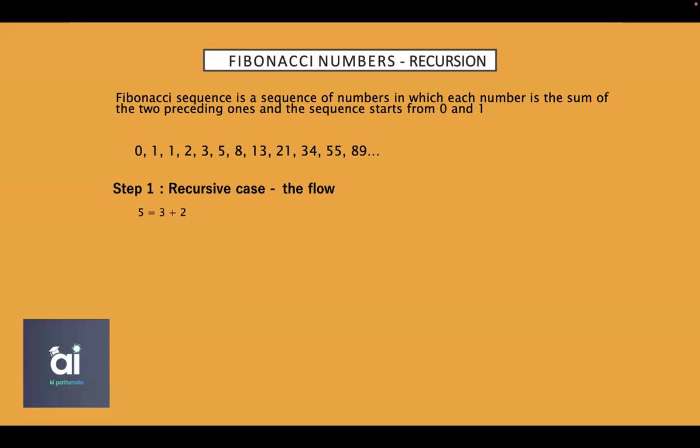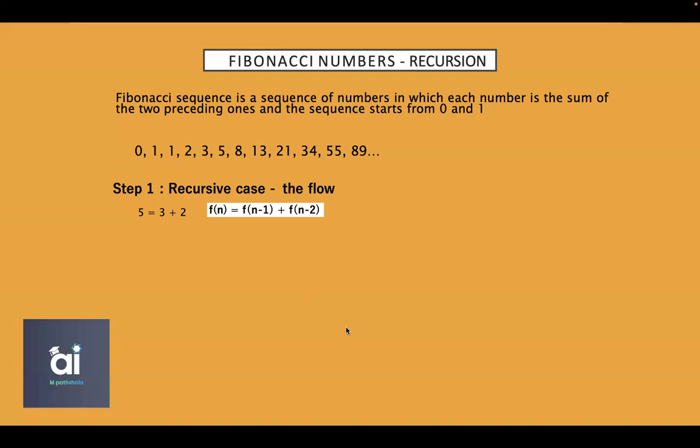So our recursive case for these Fibonacci numbers will be like this, which is F(n) is equal to f(n minus 1) plus f(n minus 2), which means that in this case, 5 is n. So here, f(n minus 1) is 3 and f(n minus 2) is 2.